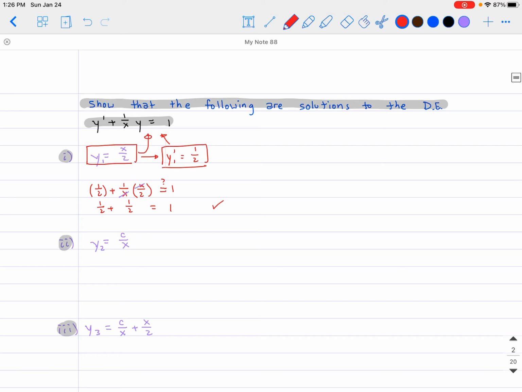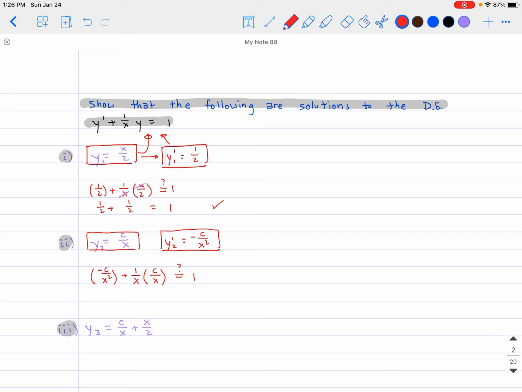Let's try the second one. Do exactly the same thing. This time we have another equation: y sub 2 is equal to c divided by x. Just like before, I'm going to solve for the derivative of this equation. That's negative c divided by x squared. And I'm going to take these two and plug them into the differential equation. So y prime is negative c divided by x squared, plus 1 over x multiplied by c divided by x.